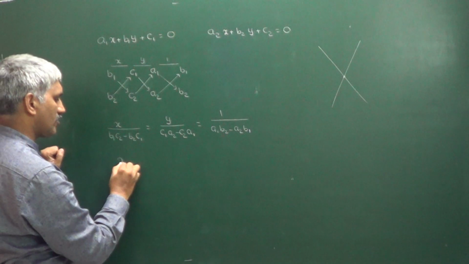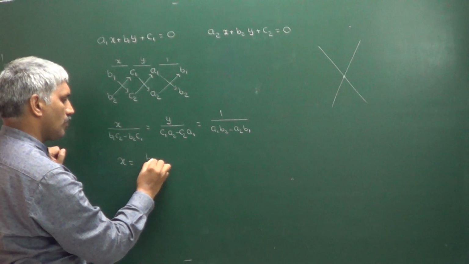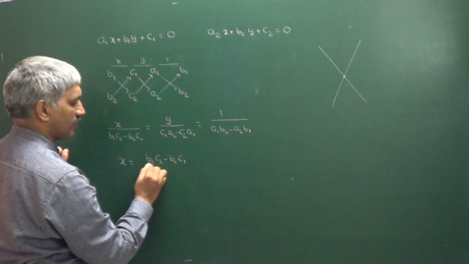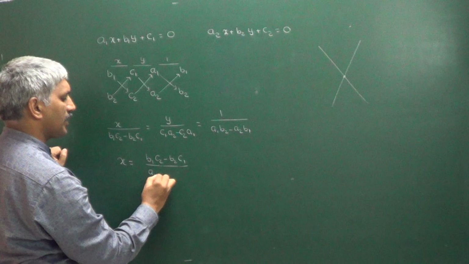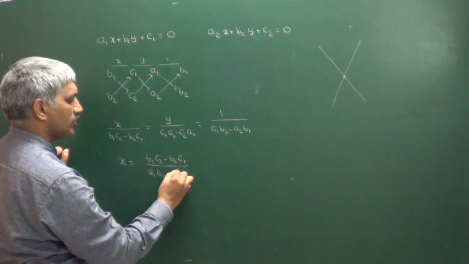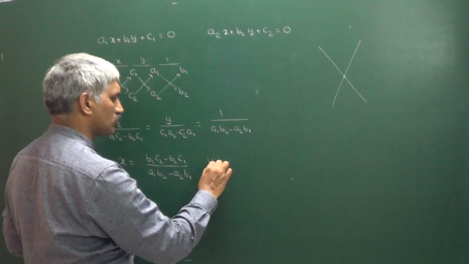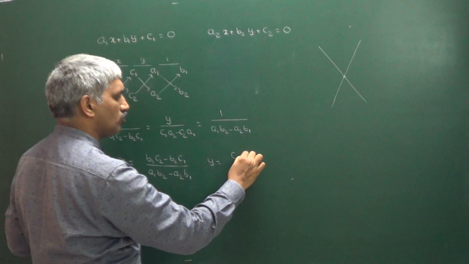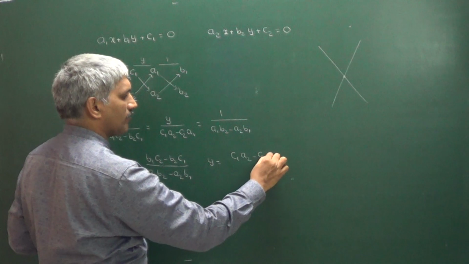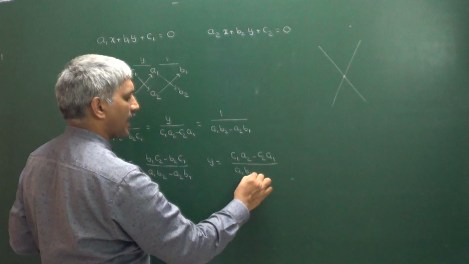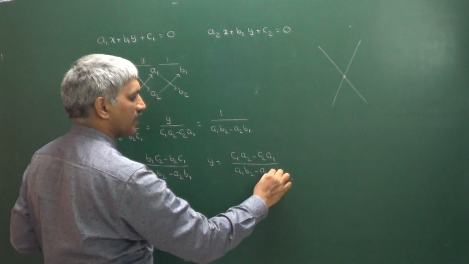So from this I can write x is equal to b1 c2 minus b2 c1 divided by a1 b2 minus a2 b1, and y is equal to c1 a2 minus c2 a1 divided by a1 b2 minus a2 b1.